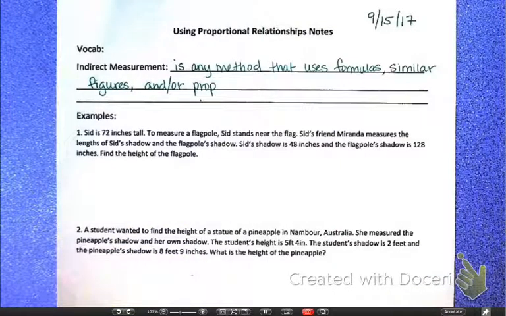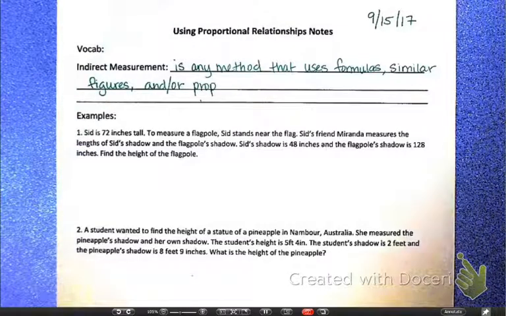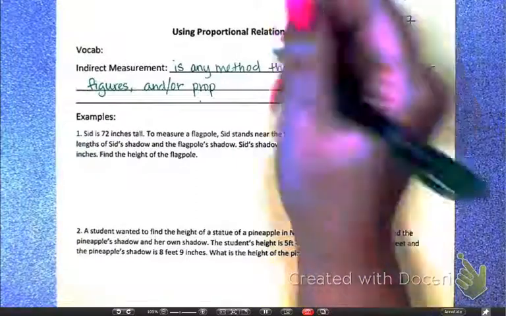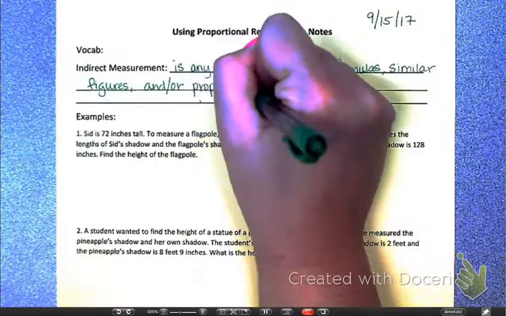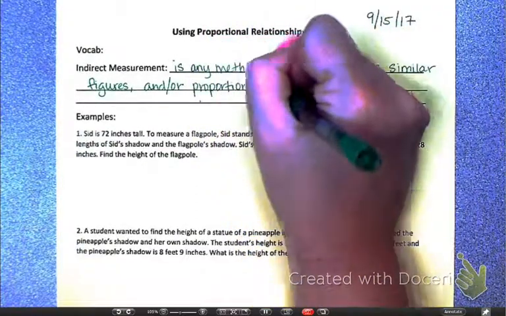We're going to need this to measure an object.